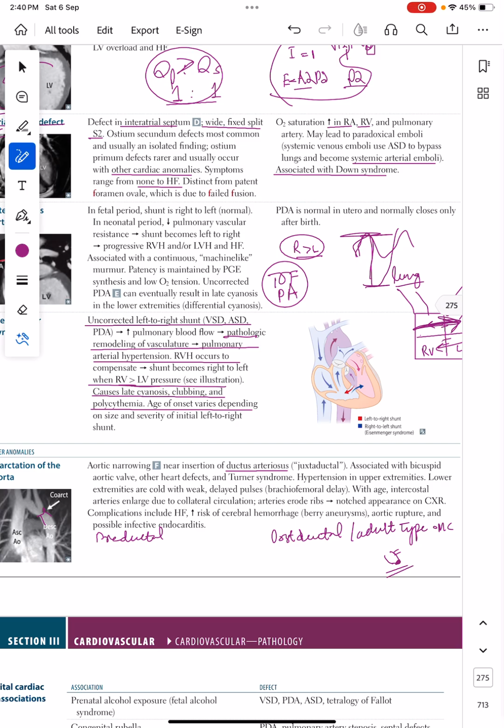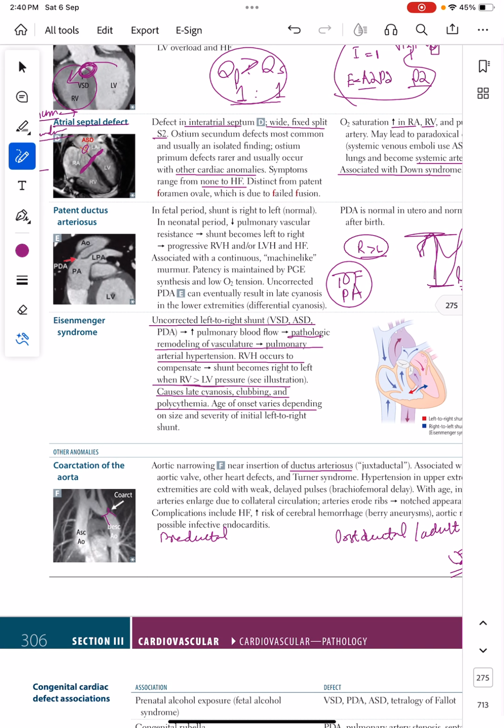In the preductal or infantile type, the ductus supplies the lower extremities. How is it preductal? For example, this is the brachiocephalic artery, then this is the left carotid, and this is the subclavian.